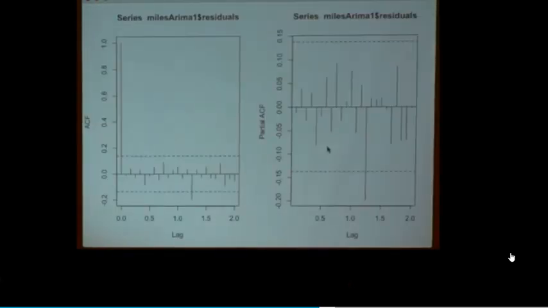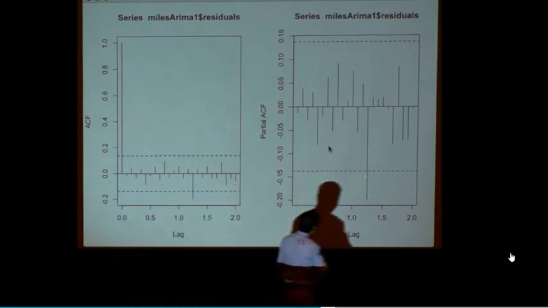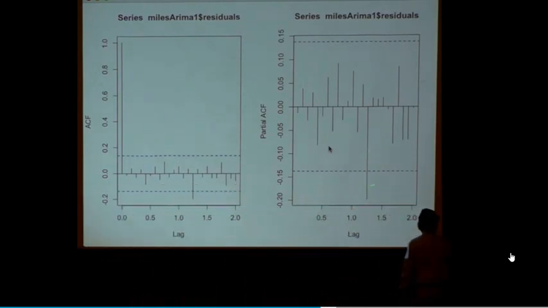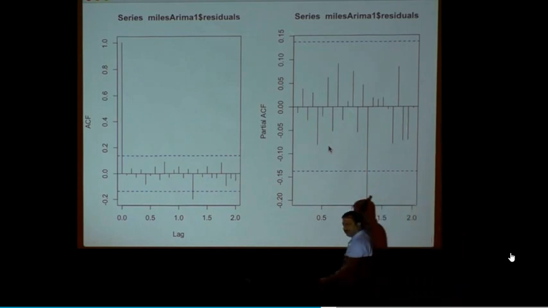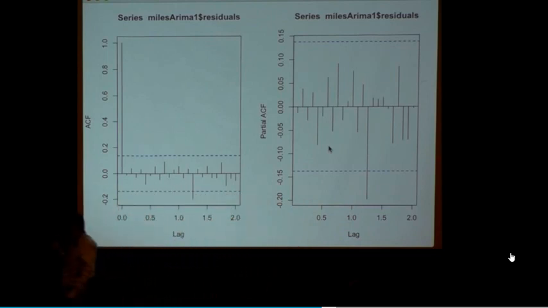Let's see that. Okay, the first one is to be ignored. Well, pretty nice. At the 15th lag something is going on, but everything else is nice. 15th lag, I don't even know what the significance of the 15th lag is. The 12th I can understand. But this is fairly random.